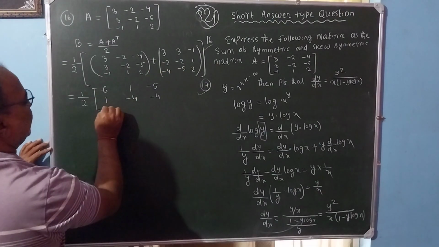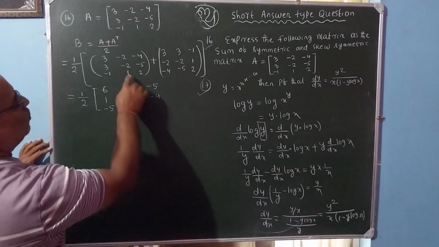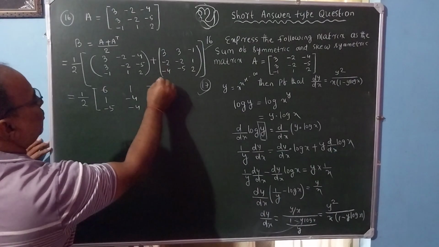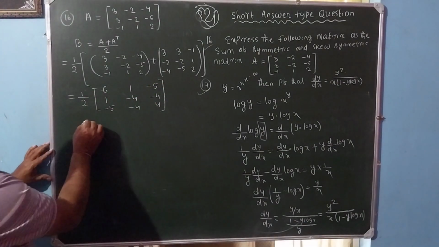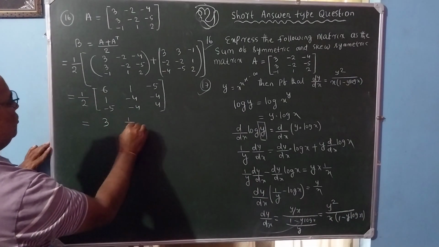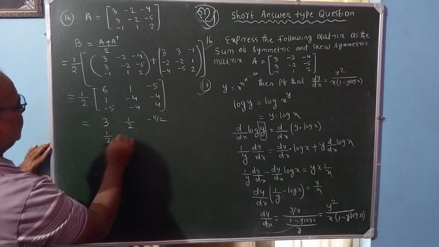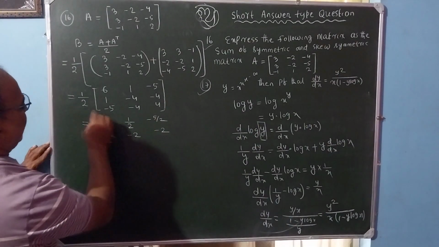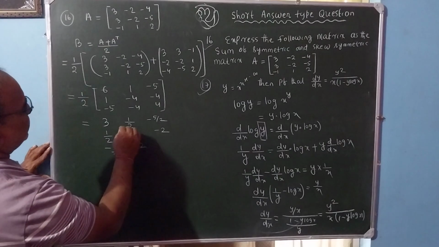Minus 1 minus 4 is minus 5, 1 minus 5 is minus 4, 2 plus 2 is 4. Now dividing each element by 2, we get 6 by 2 is 3, 1 by 2, minus 5 by 2, 1 by 2, minus 2, minus 2, minus 5 by 2, minus 2, 2.